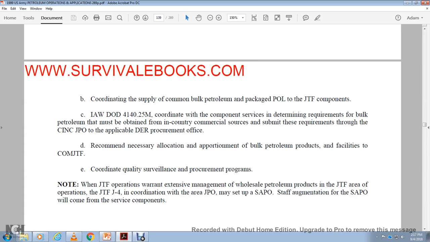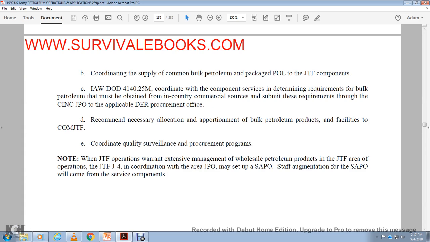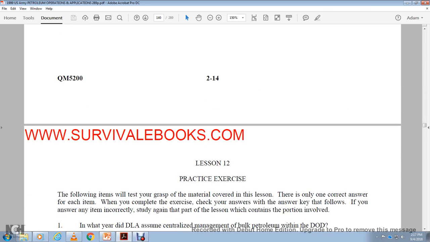The Joint Task Force operation exercises management of wholesale petroleum products in the Joint Task Force area of operation. The Joint Task Force J4 coordinates with the Joint Petroleum Offices, which may set up the standard sub-area petroleum office, staffing augmented sub-area petroleum offices to serve the components.